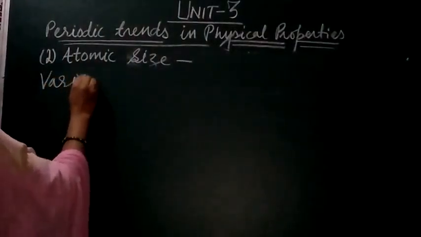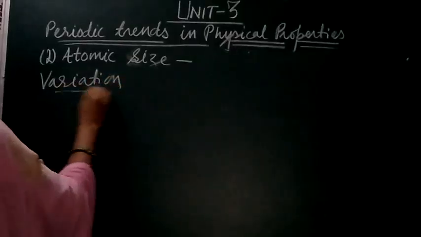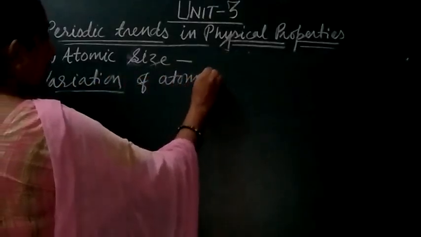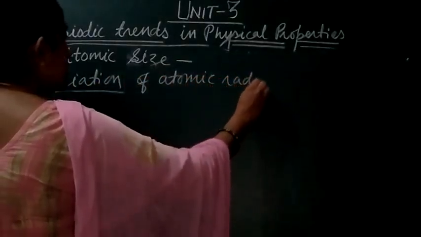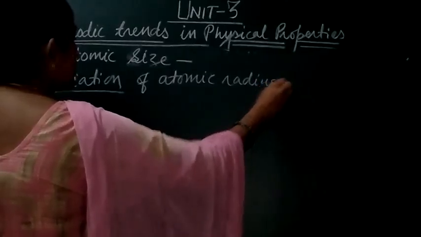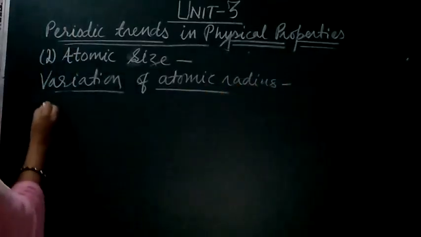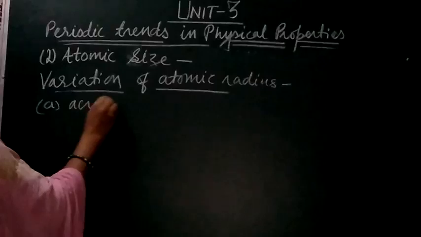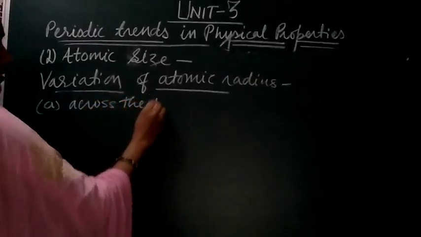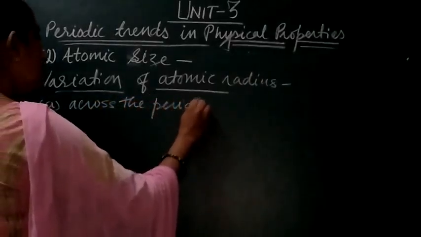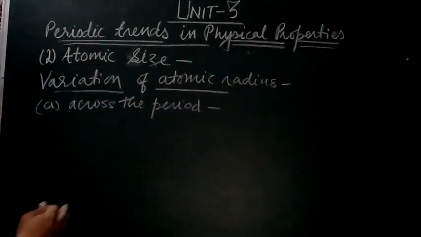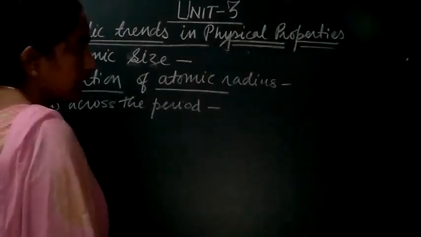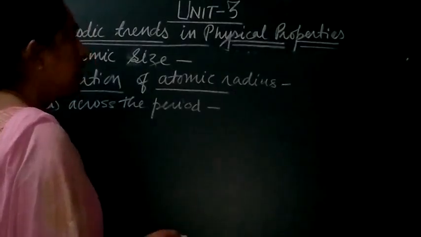So next we are continuing here, variation of atomic size or radius, right? So this we will first have across the period. Now students, generally the atomic size on moving across the period from, we can say, group 1 to group 17, we will not include group 18 here.